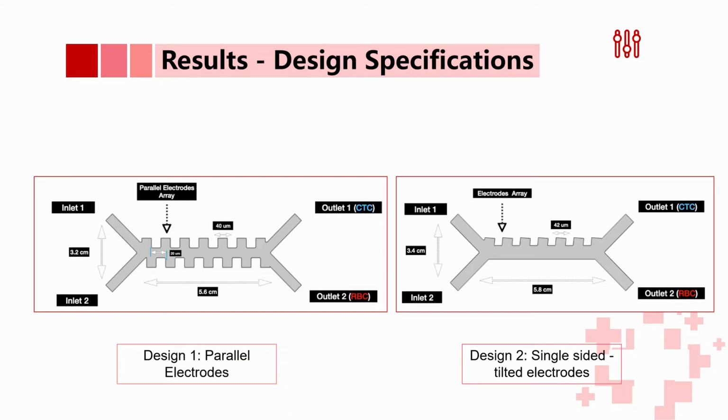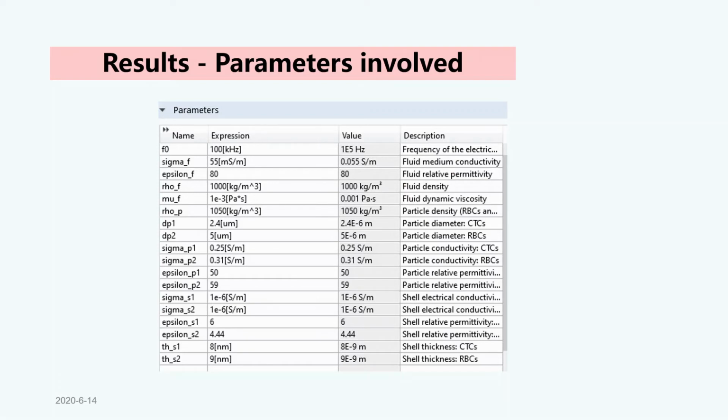The only difference is that in the first design, we have parallel electrodes on both sides of the channel, and for the second design, we have only single-sided electrodes with 5 degrees of tilt. These are a few of the parameters that were involved in getting the results we obtained. We kept the frequency at 100 kilohertz, and the electrical properties and everything else are defined by the cells that were used in the sample.